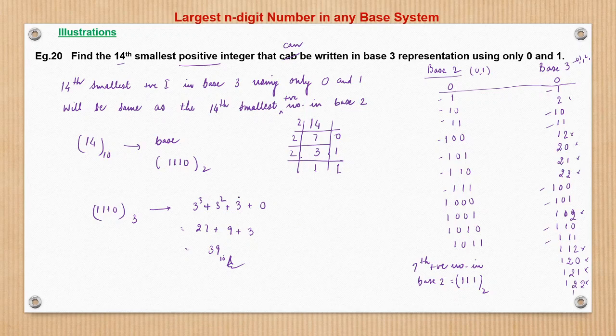Using that we can solve this. So the 14th number in base 2, which is the conversion of 14 from base 10 to base 2, is 1110. Then this number would be the same in base 3 also, right? So convert that base 3 number to get the answer 39.